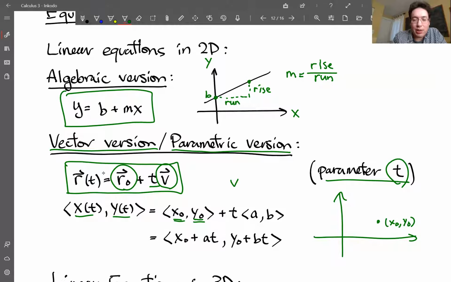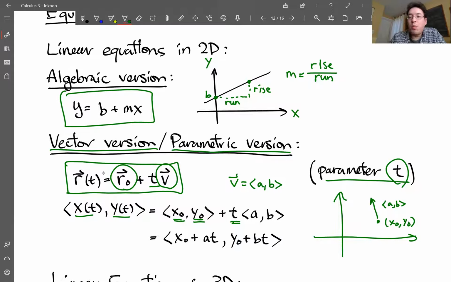So let's say vector v is this vector AB. Okay. And we're looking at any multiple of t in the direction of vector AB.